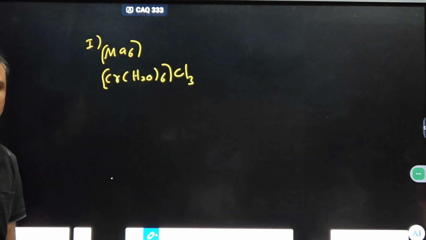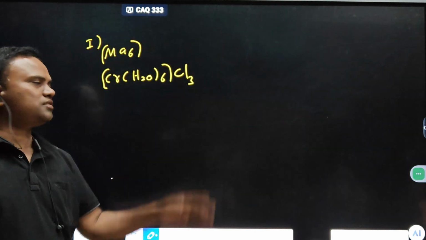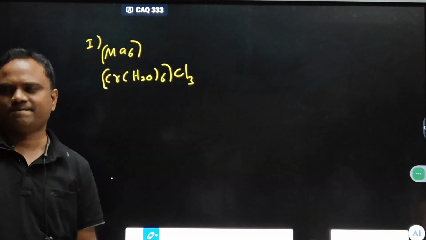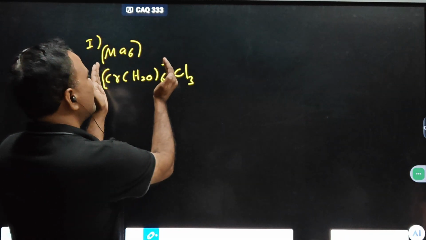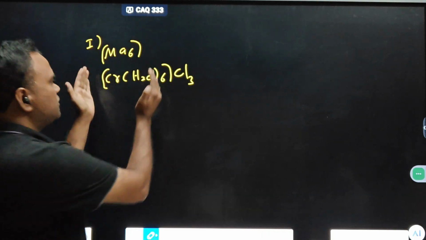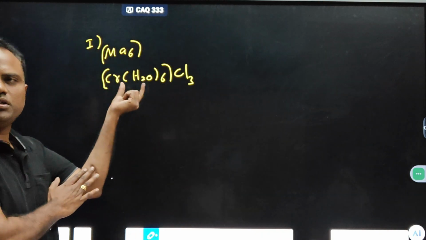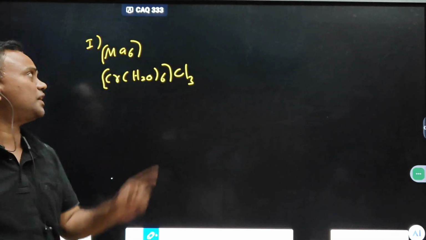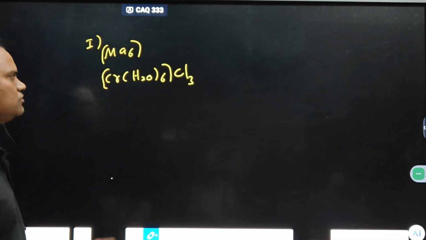Will it show? No. Cl3 is there, no? It does not matter. It is outside the coordination sphere. Consider ligands and the format in the coordination sphere only. Within the coordination sphere, you tell me. M, H2O is one ligand. 6 times it is present. MA6 category. It won't show.